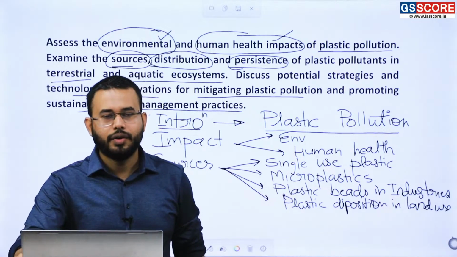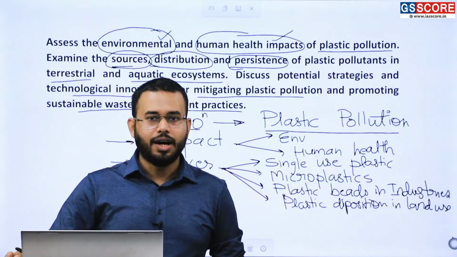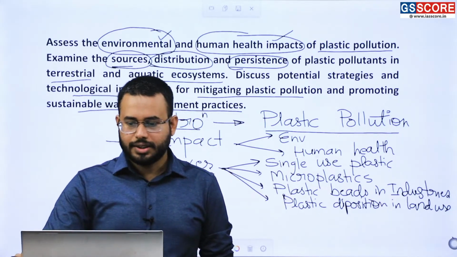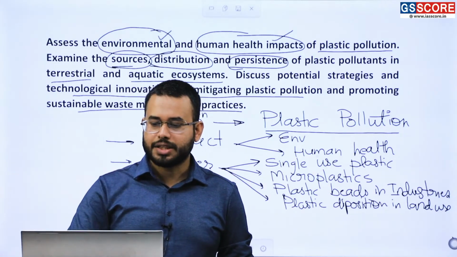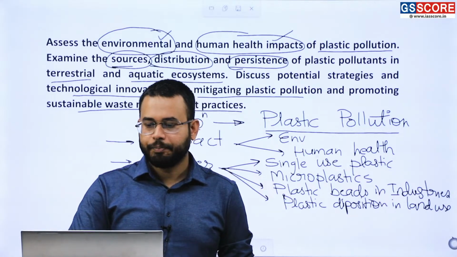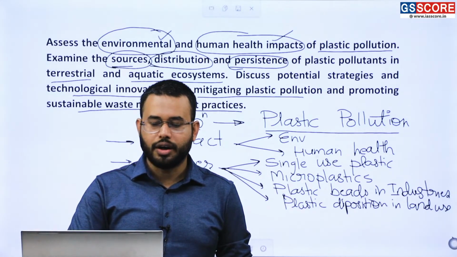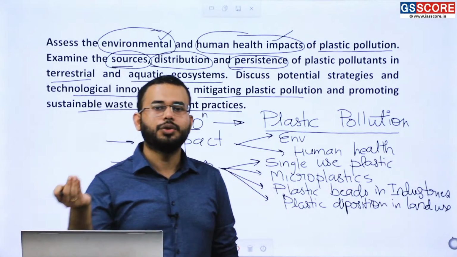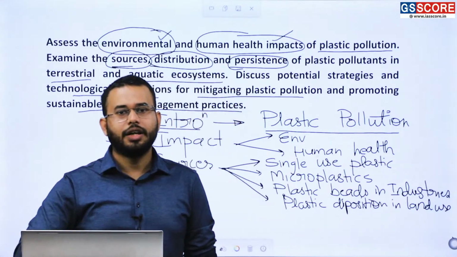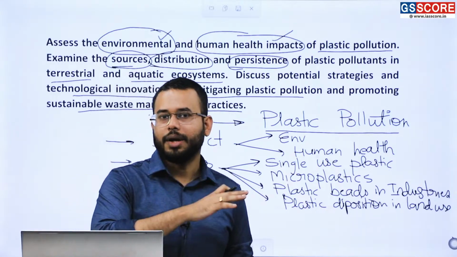Third would be innovative technologies. Now, advanced recycling technologies such as chemical recycling and pyrolysis process can convert the plastic waste into valuable products, reducing the demand for new plastics, right? So more and more investment which goes into the circular economy will lead to some kind of relief from the plastic pollution.